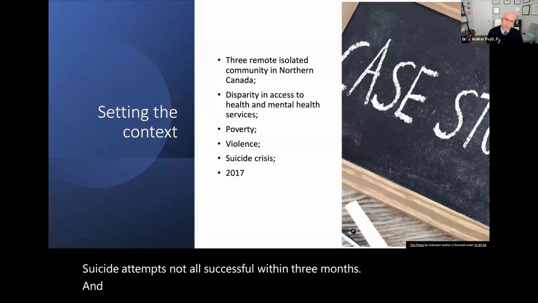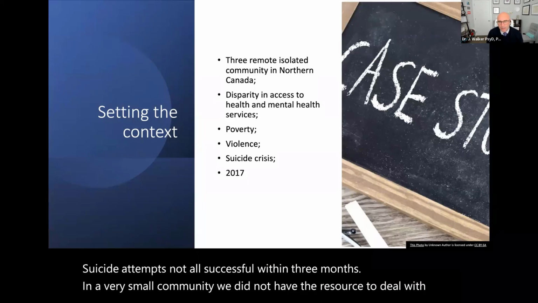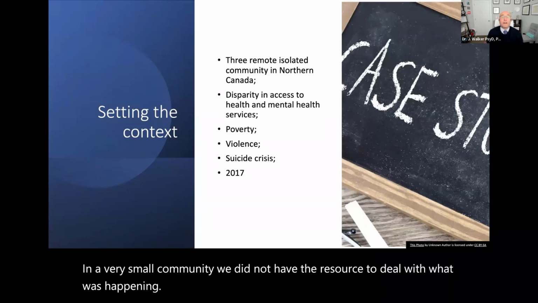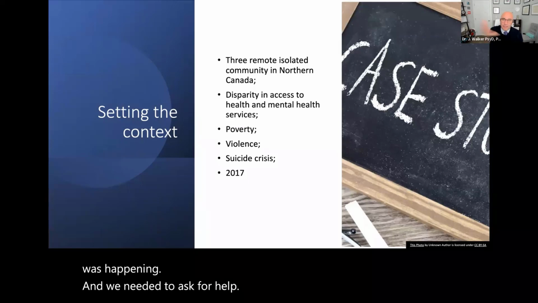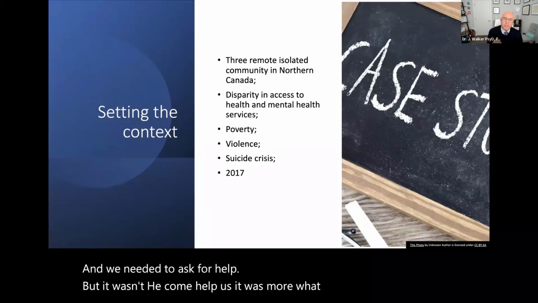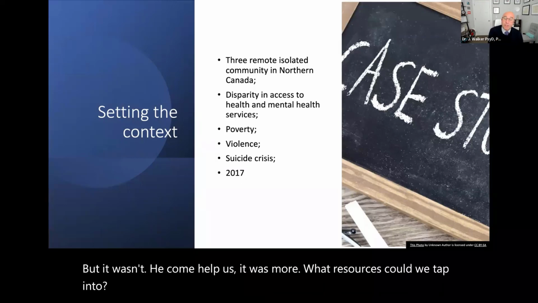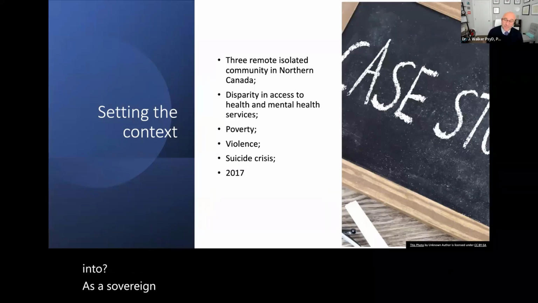And in a very small community, we did not have the resource to deal with what was happening. We needed to ask for help, but it wasn't, hey, come help us. It was more, what resources could we tap into as a sovereign government, because that community is a sovereign government, in the best way they saw to address the problem.